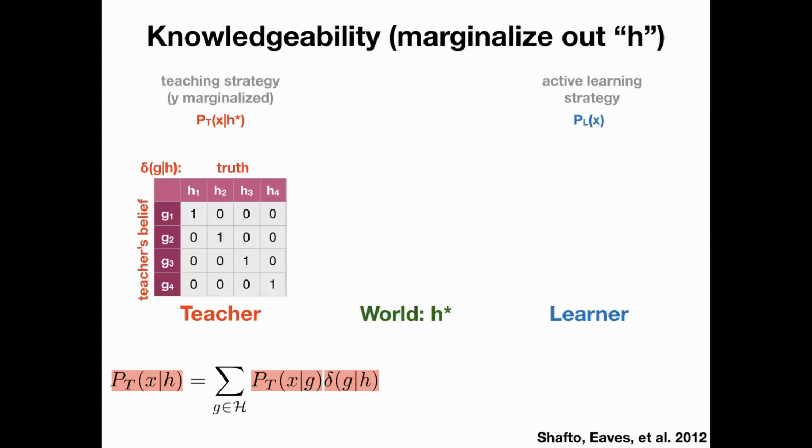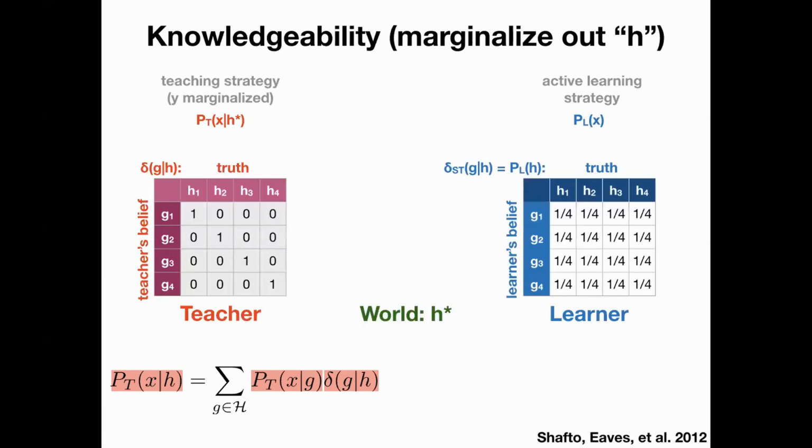Now consider what a learner's knowledgeability matrix will look like. It will look like this one on the right. No matter what the truth about the world is, the learner's initial belief is that it can be any of the hypotheses.